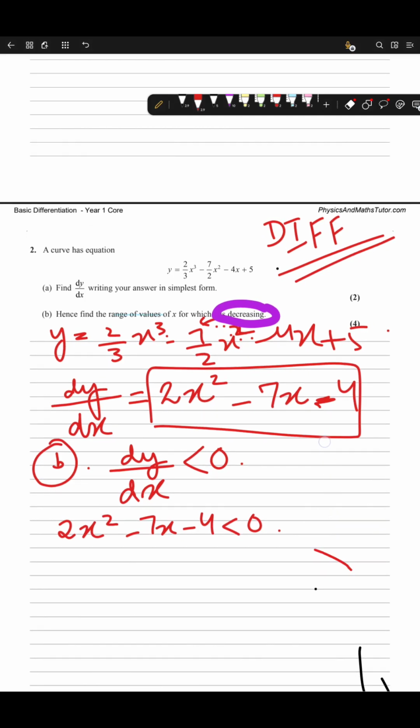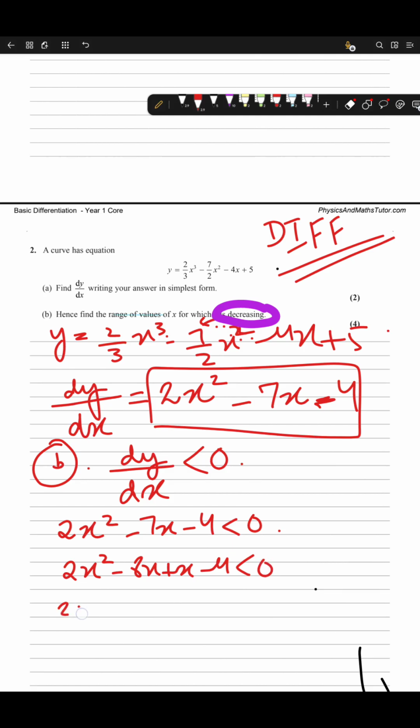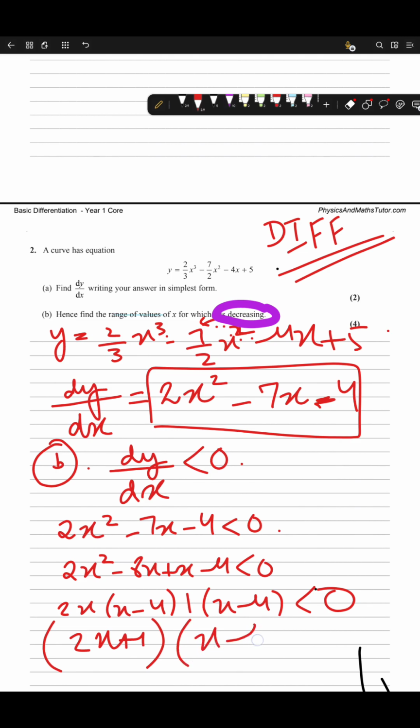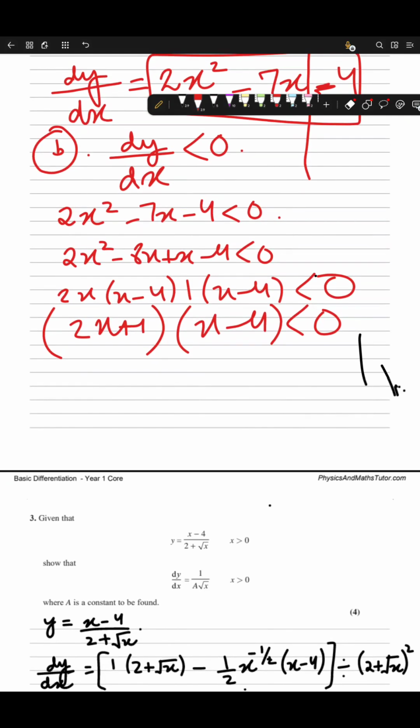Now we can simplify this, just use the breakage of the middle term. So 2x plus 1, x minus 4 is less than 0. Now how do you simplify an inequality?